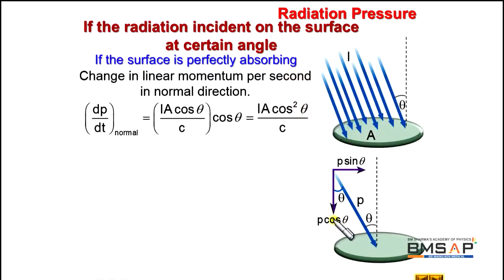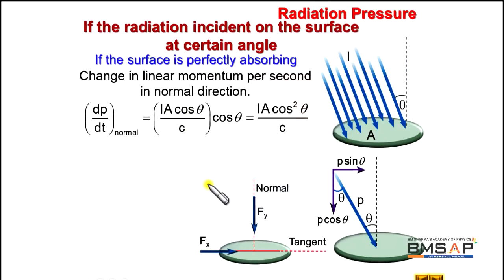But in the tangential or horizontal direction, we can observe here there is a change in the linear momentum because the final linear momentum is equal to 0. That means dp by dt in the tangential direction is equal to, this is the total linear momentum, and we are interested in the sine component. So, we can write dp by dt in the tangent direction equal to Ia cos theta divided by C multiplied by sine theta, right.